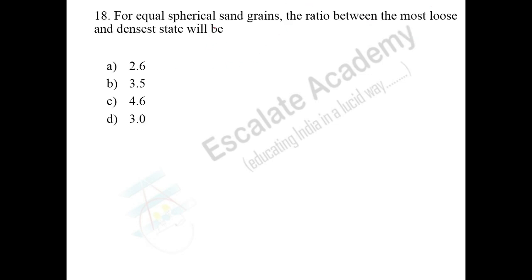For equal spherical sand grains, the ratio between the most loose and densest state shall be. This question is very confusing.